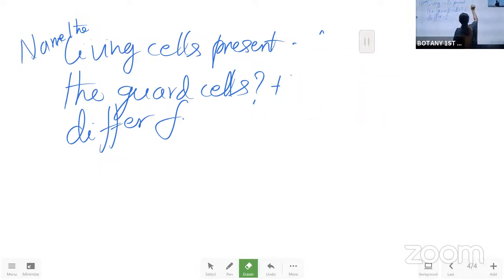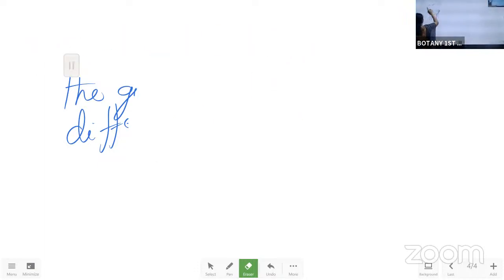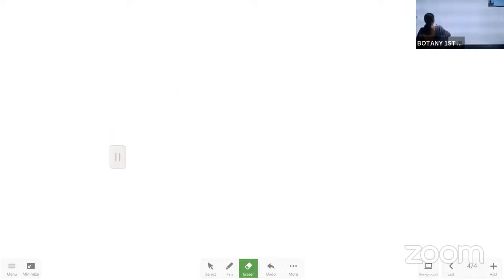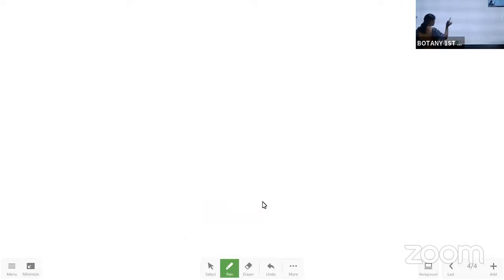So here what they ask: the cells that are present outside the guard cells, name them and how they differ from the epidermal cells. So whenever the guard cells come over there, they are talking about the stomatal apparatus right now. So first of all, we will come to the conclusion that it's nothing but the stomata.